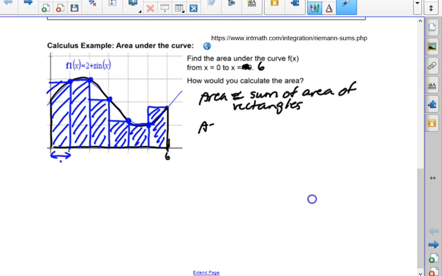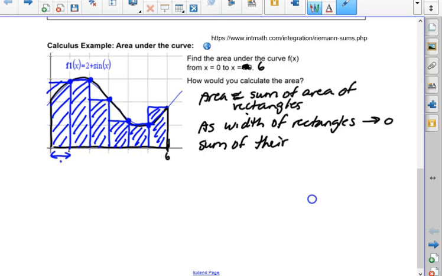So as the width of the rectangles approaches 0, the sum of their areas approaches the true area under the curve.